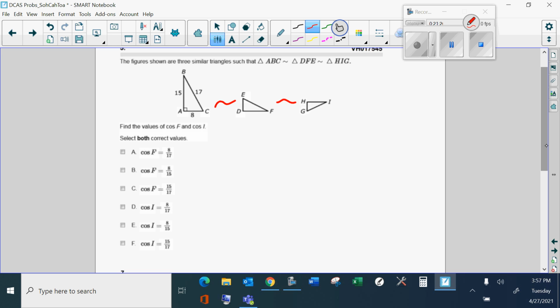Okay, so find the values of cosine of F. So we've got to see B, F, and I are the same. The cosine of F equals the cosine of B, which equals the cosine of I. Now, don't forget the cosine of F right here would also equal the sine of E. So those are true.